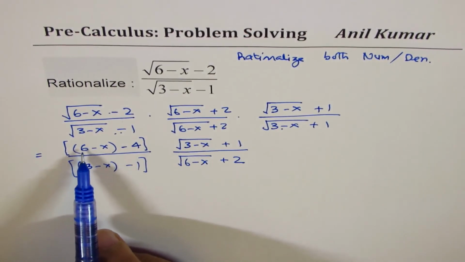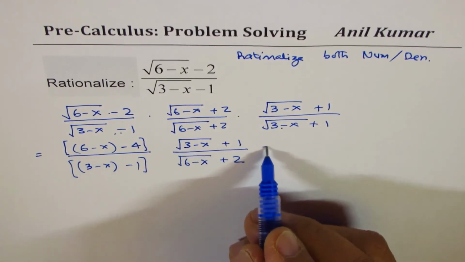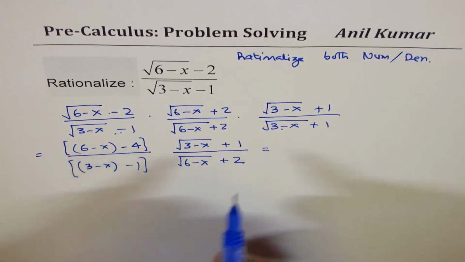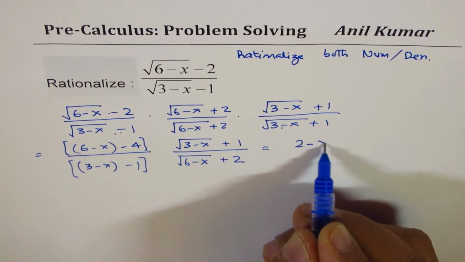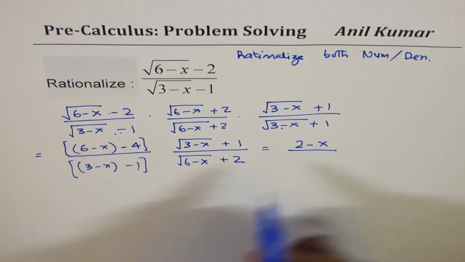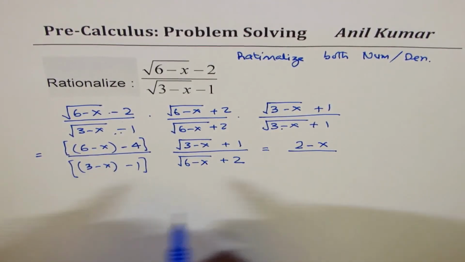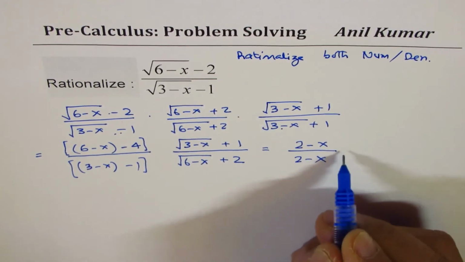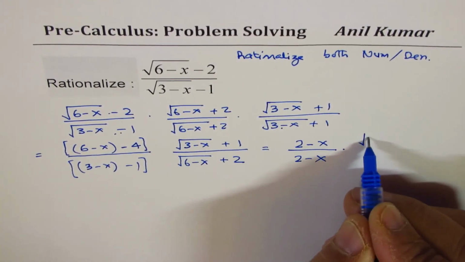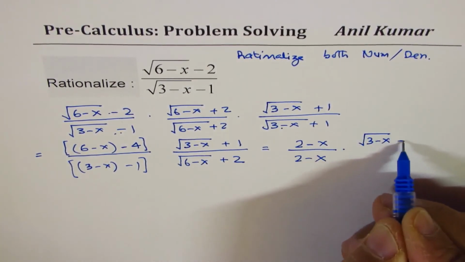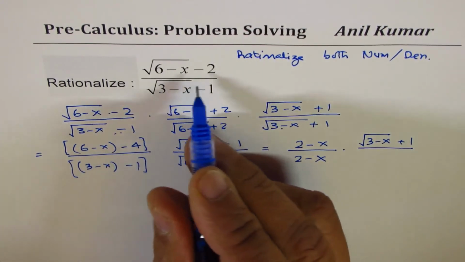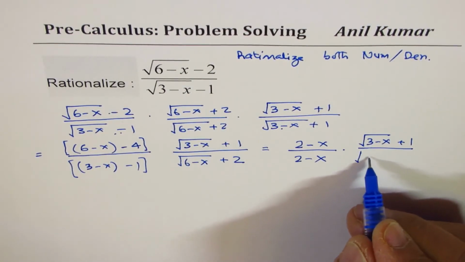Now, 6 minus 4, let me write here. 6 minus 4 is 2, so we get 2 minus x here, divided by 3 minus 1 is 2, we get 2 minus x here, correct? And what we get here is square root of 3 minus x plus 1 over the conjugates, right, of both numerator and denominator.